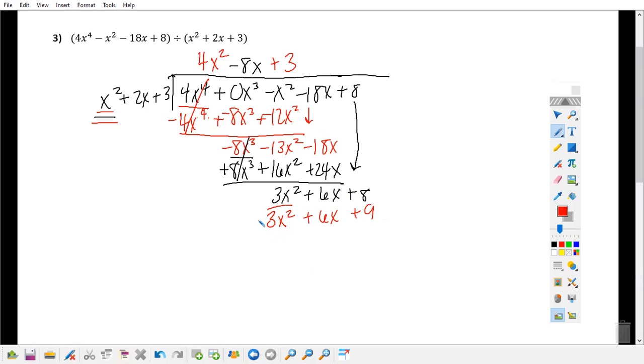Change signs and combine like terms. So negative, negative, negative. Eliminates, eliminates. And what are we left with? Negative 1. That's our remainder. So we know that we have minus 1 over, and what was our divisor? x squared plus 2x minus 3. So we know that x squared plus 2x plus 3 is not a factor.